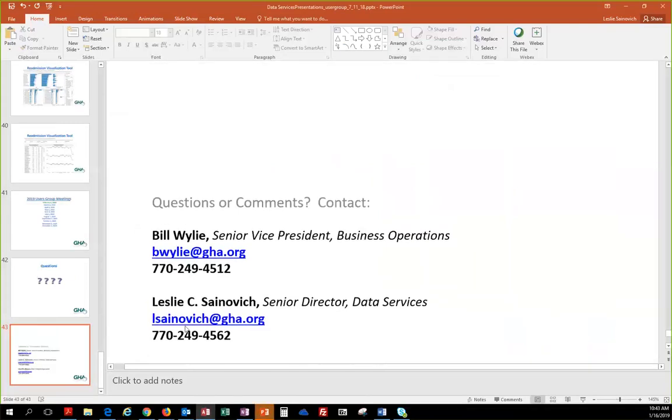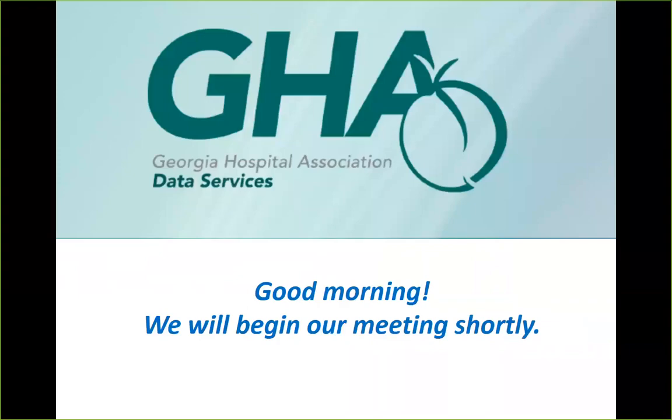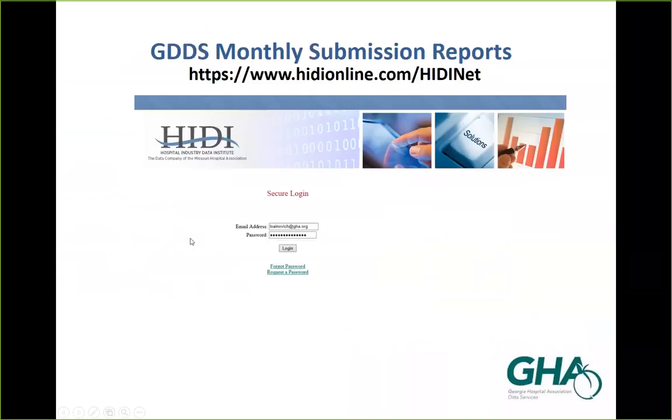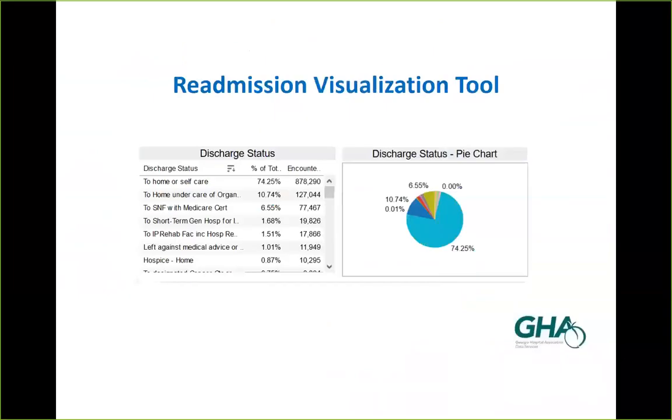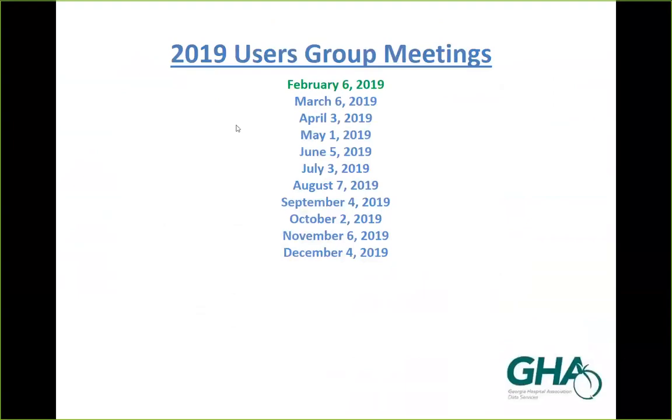Well, if there's no more feedback or conversation that we need to have, we'll give back a few minutes of the day, and let me get to our contact information. This is our schedule for the 2019 group meetings. As always, we may need to be flexible, because sometimes during the summer we run into a lot of people being out, but we'll make sure everyone's aware.